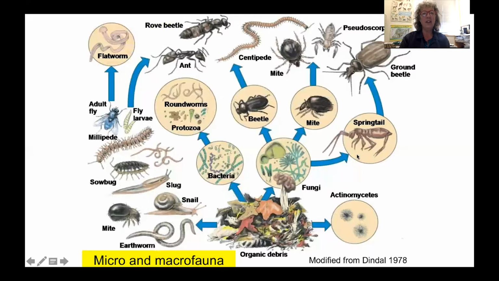Just like we started out with the picture of the food web, here are some of the actual actors: springtails and mites and beetles, and then the higher organisms, a lot of insects and pseudoscorpions, ants that are then consuming this first tier of predators, and just a huge variety of organisms.